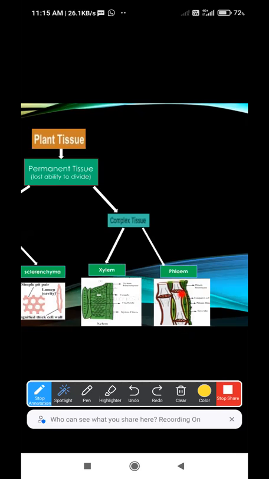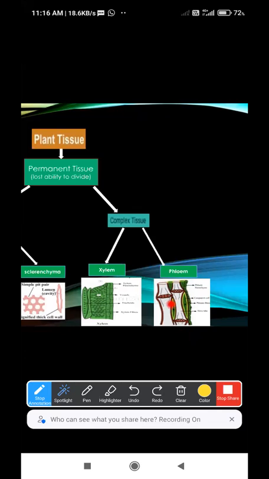Again, in this, the sieve tubes are arranged one after the other to form a pipeline-like structure. Function of phloem: nutrient produced by the process of photosynthesis... is transported from the upper part to all the directions of the plant wherever the requirement of that material is present.